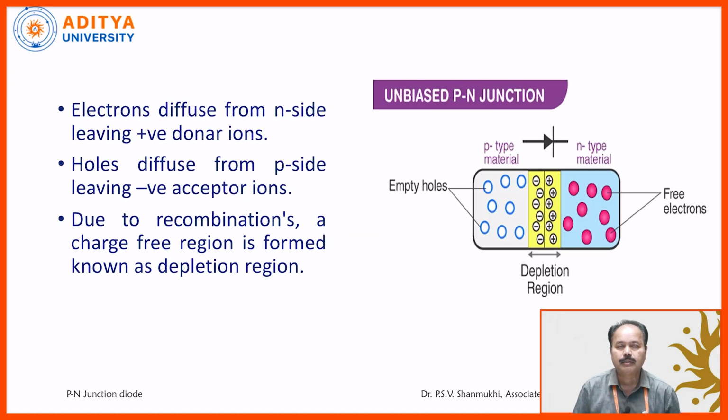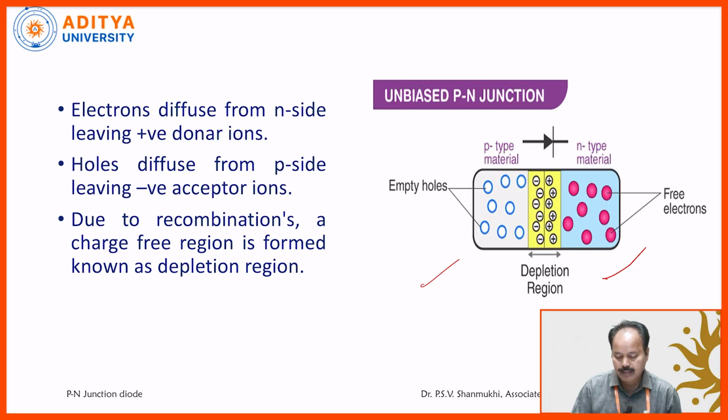Suppose a p-type semiconductor and an n-type semiconductor are joined together, what happens? In a p-type semiconductor, at any temperature other than 0 Kelvin, holes are the majority carriers and electrons are the minority carriers, and there also exist some acceptor impurities like boron, aluminum.